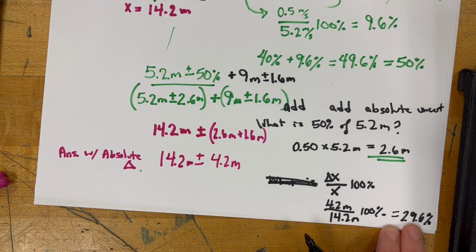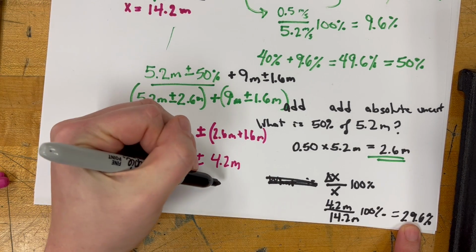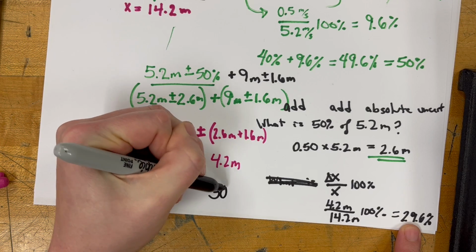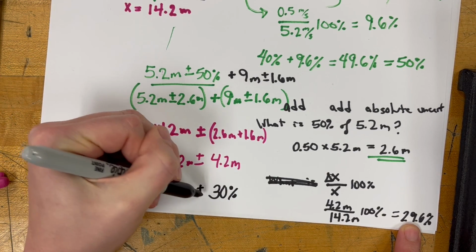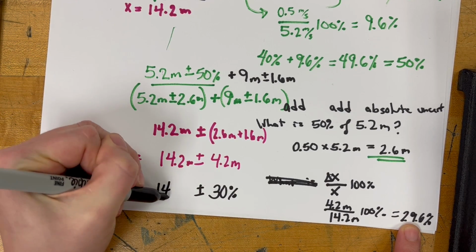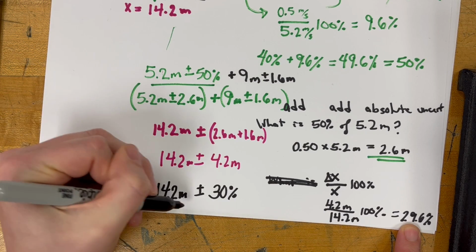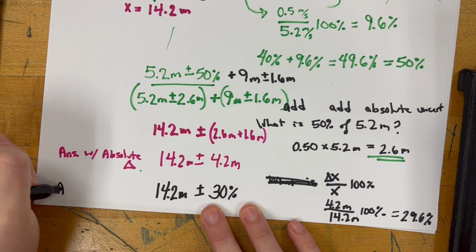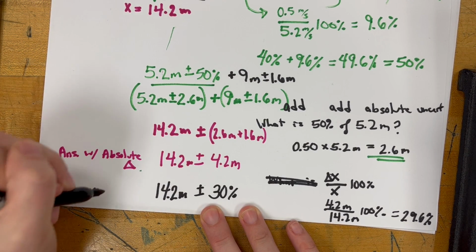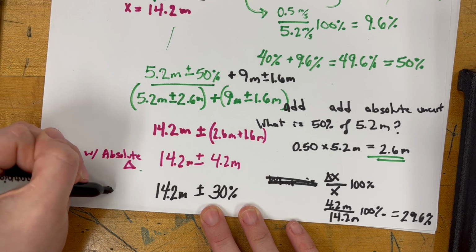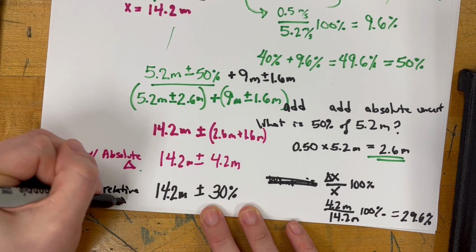Here, because we're really close to 30, which has 1 sig fig, I'm going to keep it at 1 sig fig. And so I'm going to say 30% is my uncertainty. And the value is still the same. So I'm still going to report my answer in meters. And so this is my answer with percent or relative uncertainty.